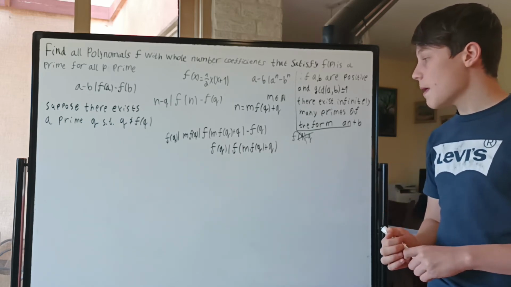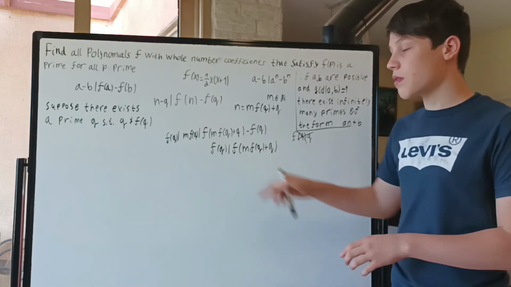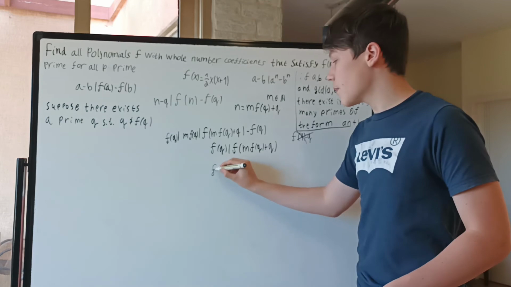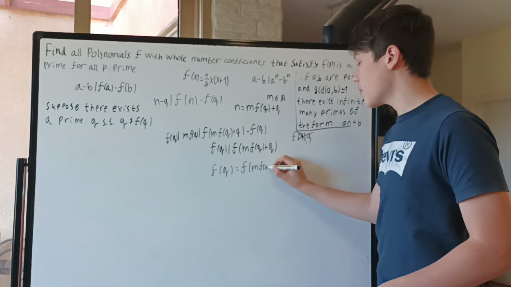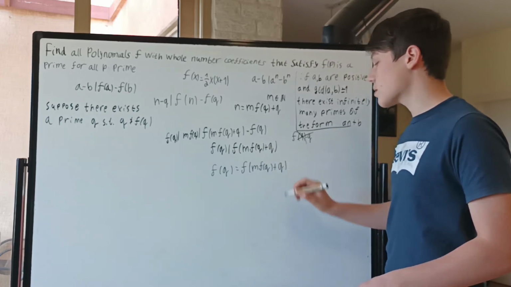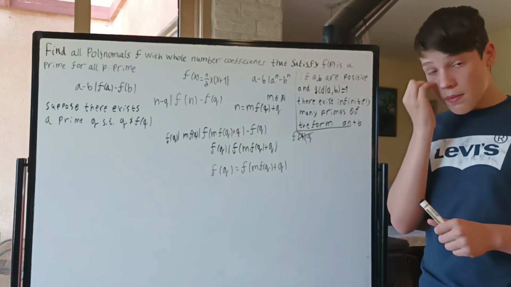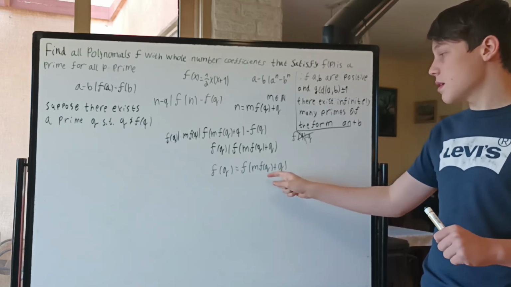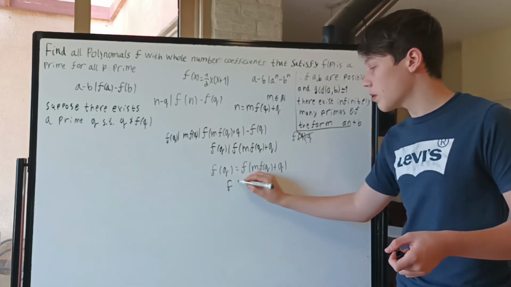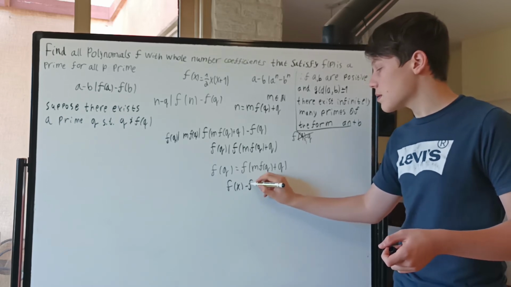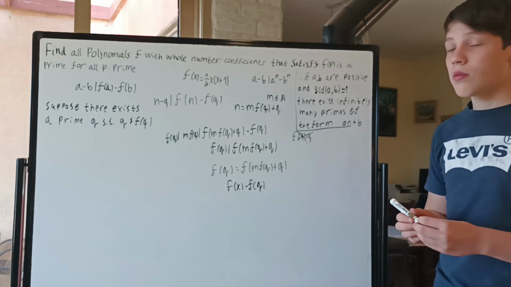That means that f of this thing is a prime number. Like we said earlier, prime divides a prime, they're equal. Which would mean that f of q equals m f of q plus q. But now, because there exist infinitely many m's that satisfy this, that means that if we look at the new polynomial, f of x minus f of q, it has infinitely many roots, right?